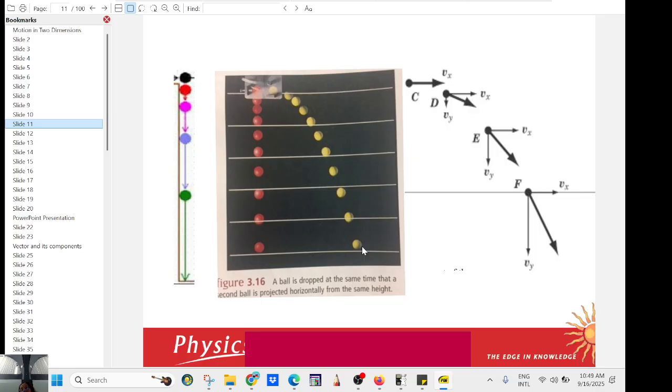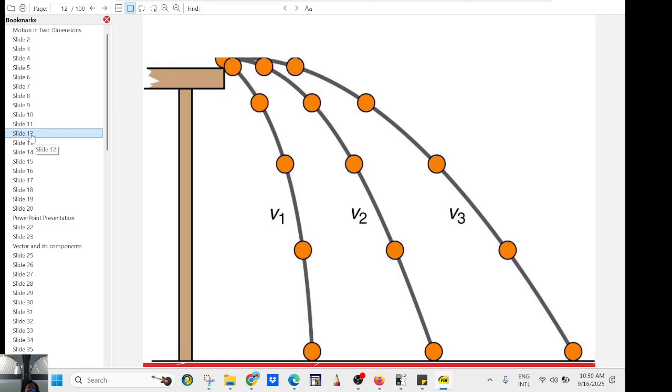Using high-speed photography, you can see that it's true, right? They are falling at the same time down. Same thing here. Even though they do not have the same horizontal velocity, they will still fall at the same rate and reach the ground at the same time.